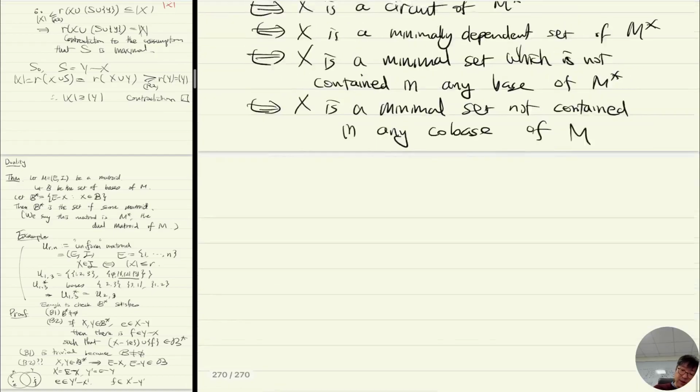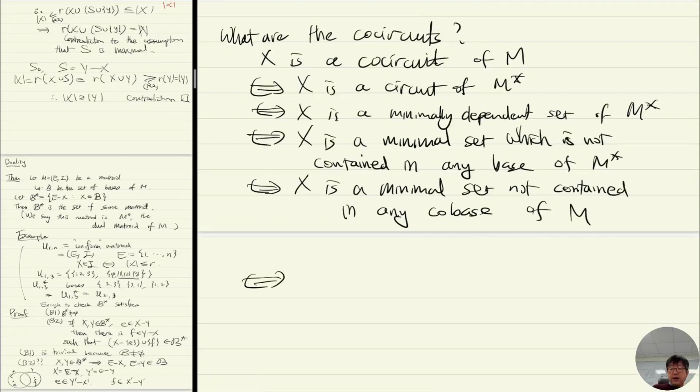A co-base is the complement of a base. So something is not contained in a co-base, that just means that it intersects the base, right?